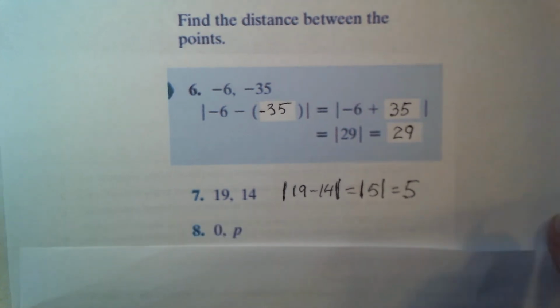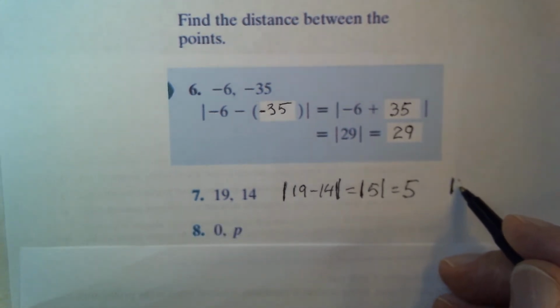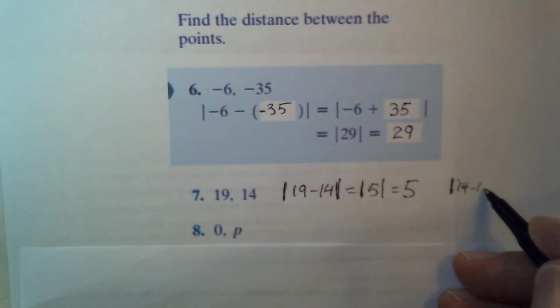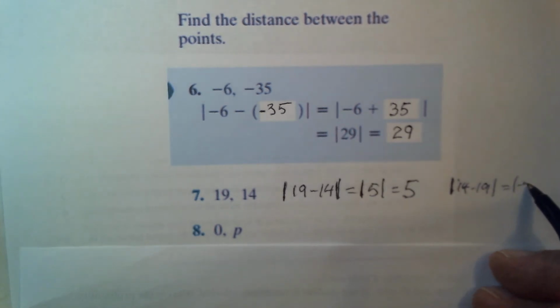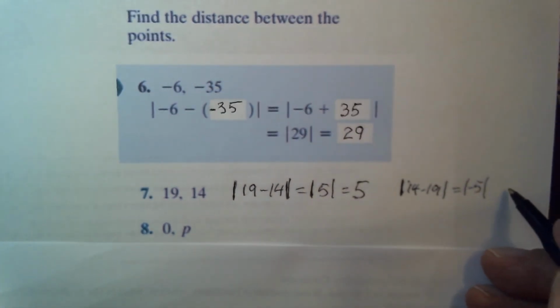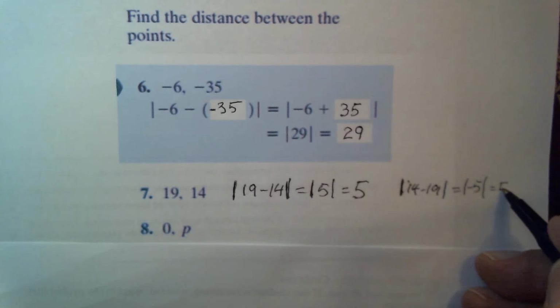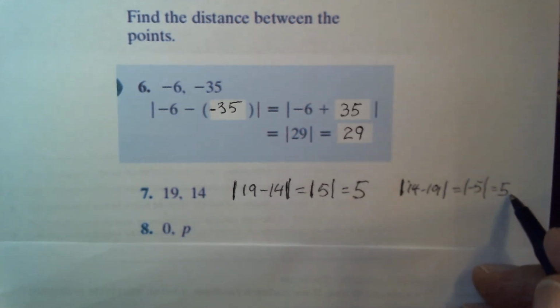Or we could also write this as the absolute value of 14 minus 19. So that would be the absolute value of negative 5. And we know that the absolute value of negative 5 is equal to 5. So either way, the answer is 5.